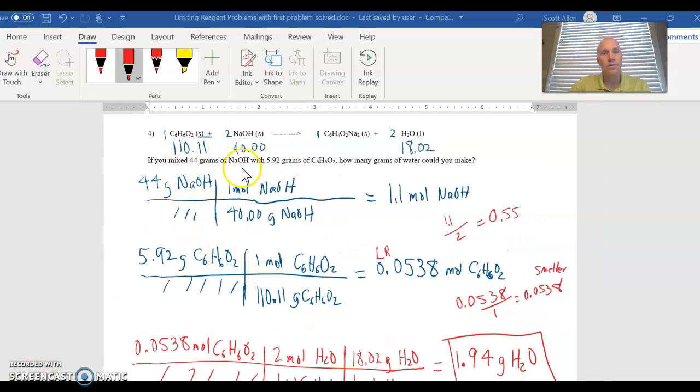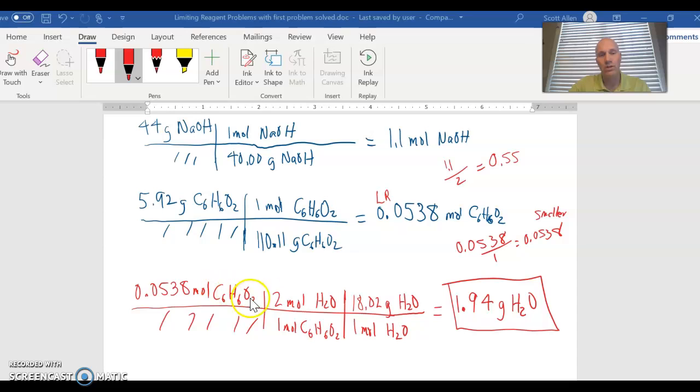So in this problem right here, we've got grams of both of our reagents. Again, I've written in the numbers here that are going to be relevant. I could write in a molar mass for this, but I can read in the problem that I'm not going to need that particular molar mass, so that's why I did not write that down. These are the amounts of moles that we have from our two different reactants. Taking each and dividing it by the coefficient in the balanced reaction, we can determine that this right here would be the limiting reagent.